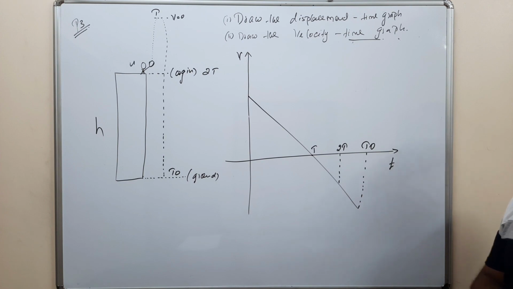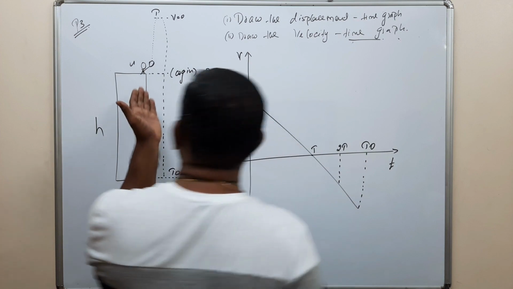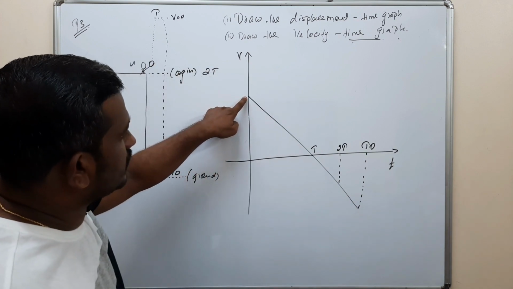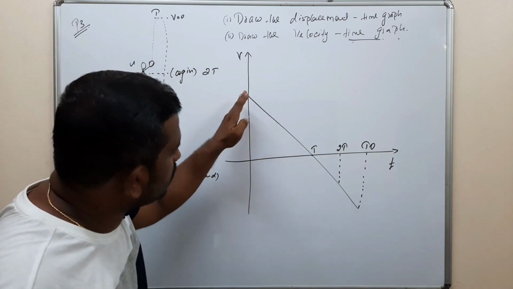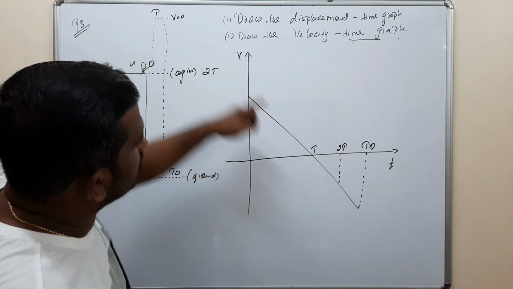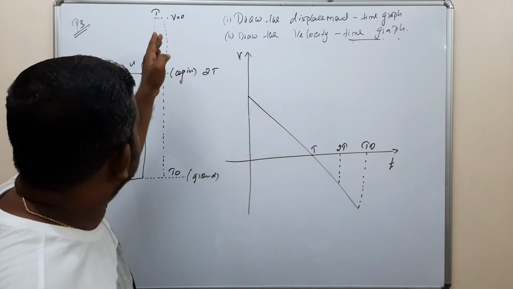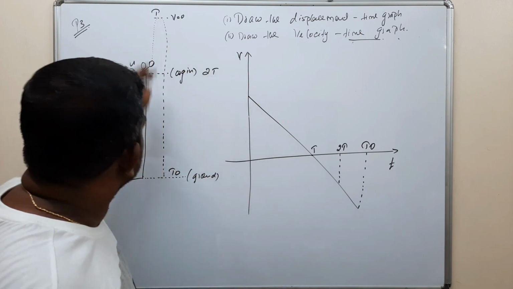So this is the velocity time graph. The ball is projected with an initial velocity, this velocity. As time goes on, the velocity decreases, and when the time becomes t, the velocity becomes 0. After that the velocity is negative, when the ball comes down.